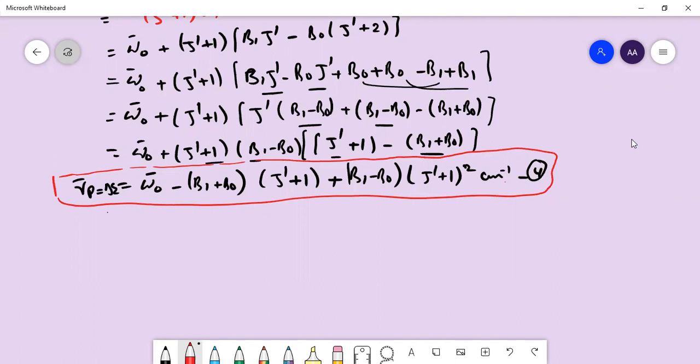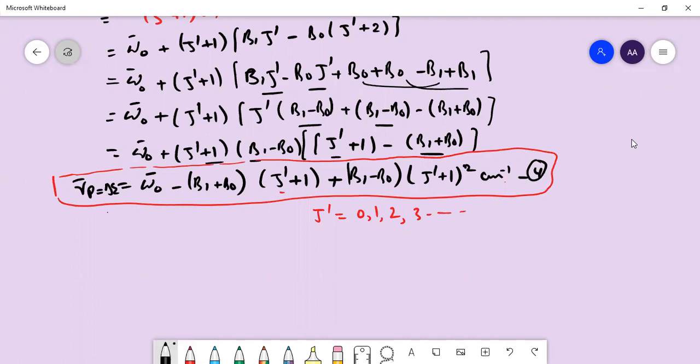In both equation number 3 and equation number 4, the value of delta J will be 0, 1, 2, 3, 4, 5, and 6, and so on. So J dash can have values starting from 0, 1, 2, 3, 4, 5.